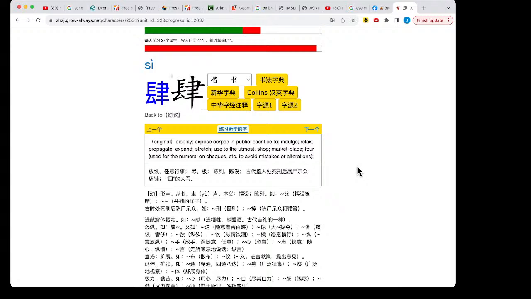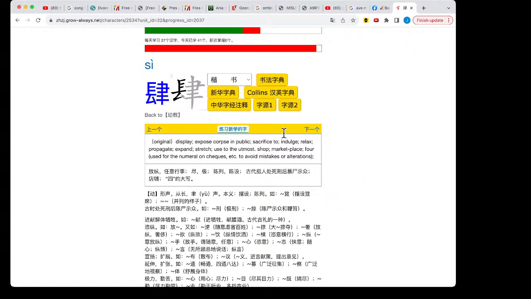So basically you have no limit, just push to the limit. And the third meaning is shop, marketplace. They use that character too, and then it's just the meaning of 4. When you're writing checks, you write this one for 4.